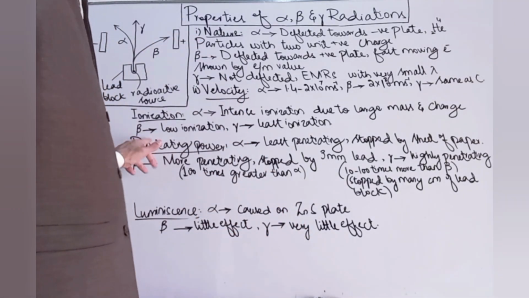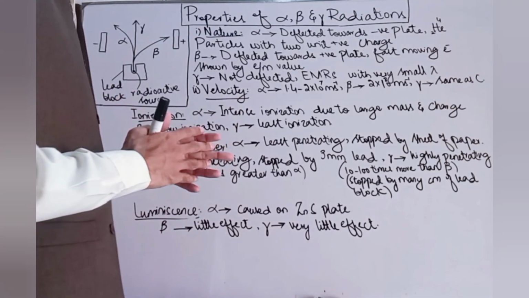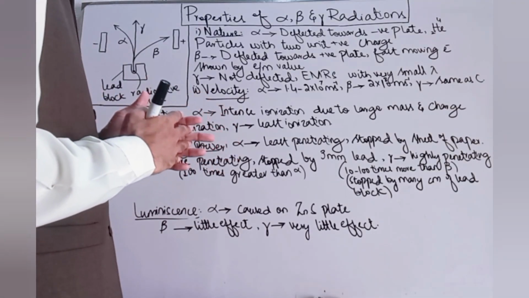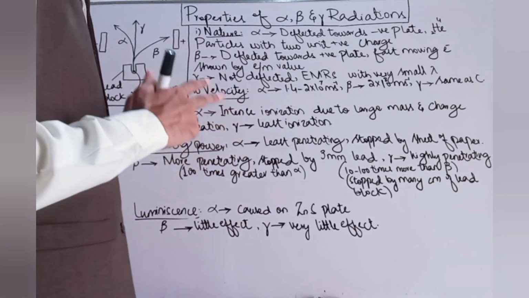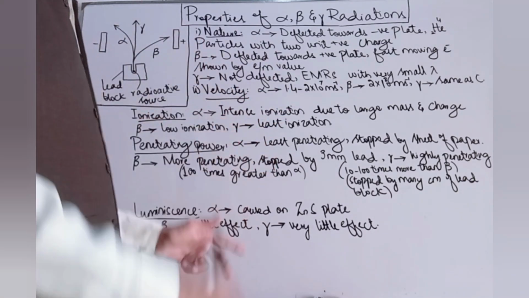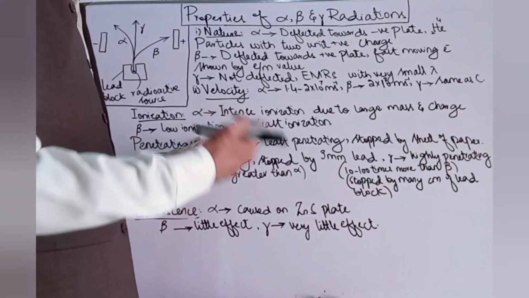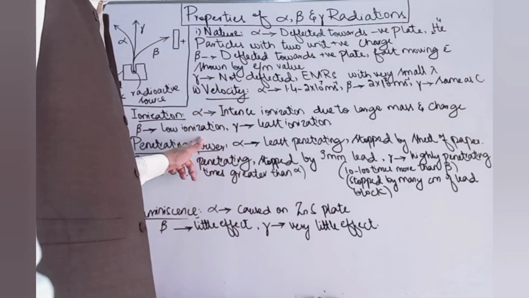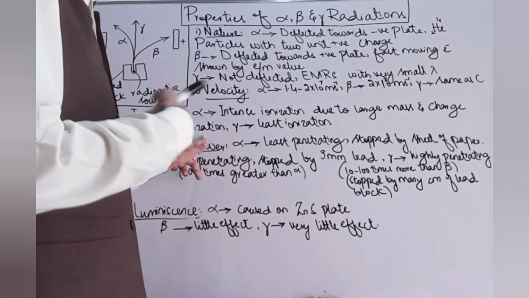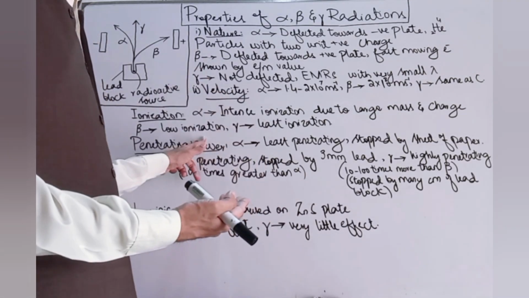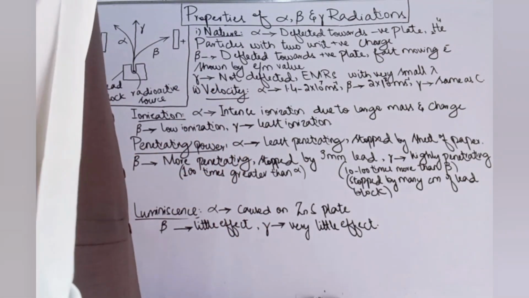The next point is the penetrating power. Keep in mind that ionization and penetrating power are inversely proportional to each other. If a radiation has the greatest ionization, it will have the least penetrating power.